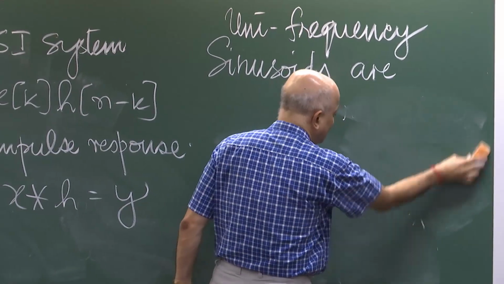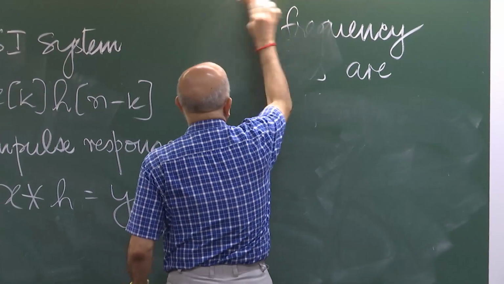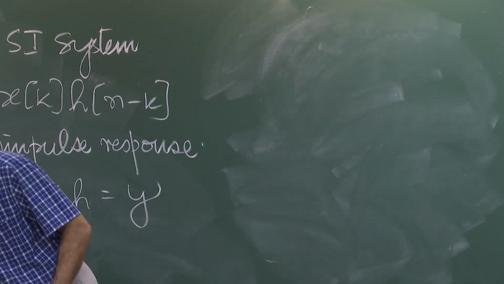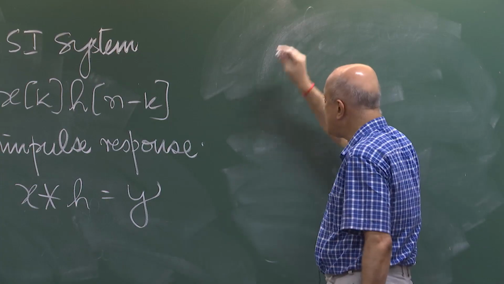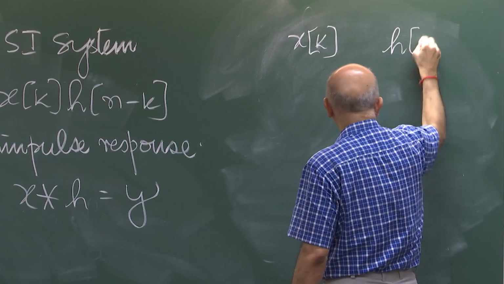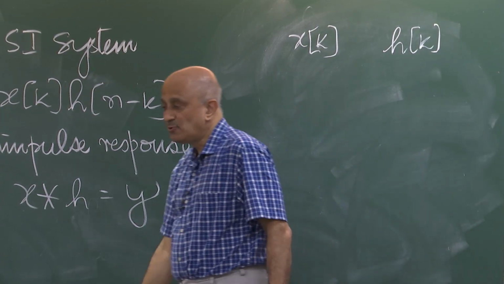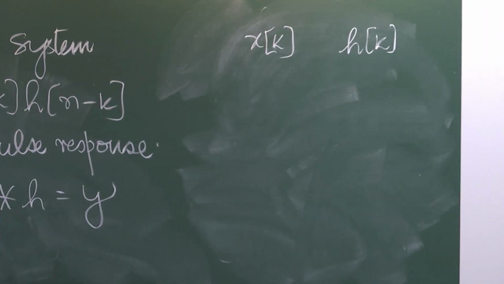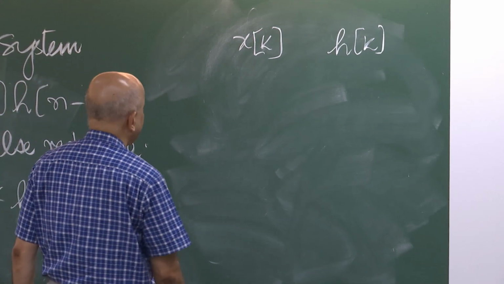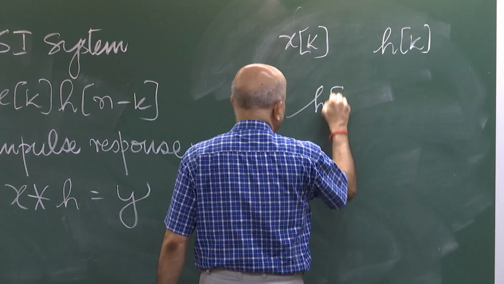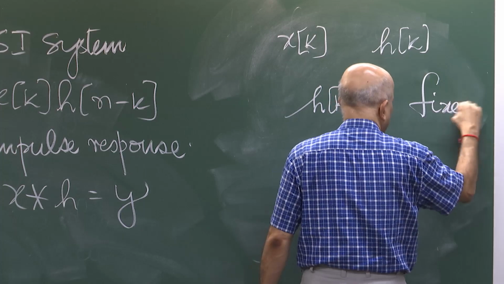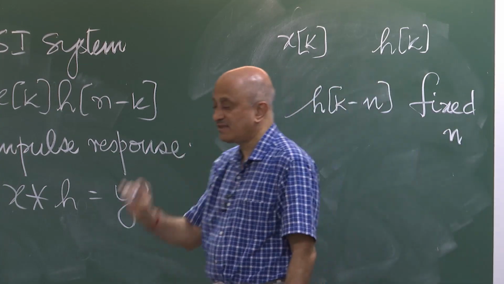Let us first understand what we would be doing to each sequence when we want to convolve. Let us take the sequence x of k, now let the sequences be indexed by k instead of n, right. And let us look at what is the meaning of h of n minus k for a fixed n. So, for a particular n, what is the interpretation of h of n minus k? First let us take h of k minus n, for a fixed n, and k is the index here.